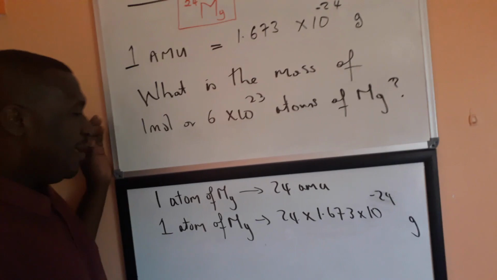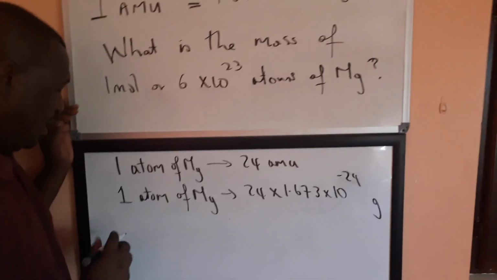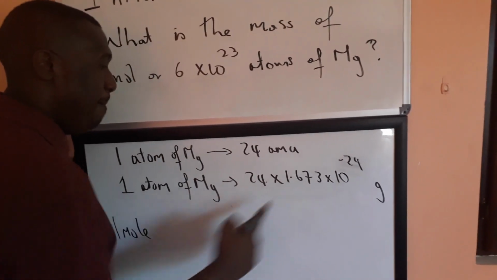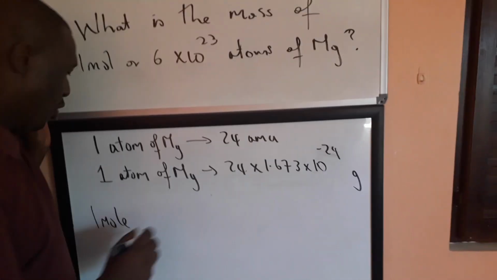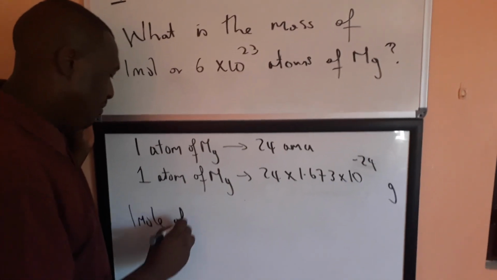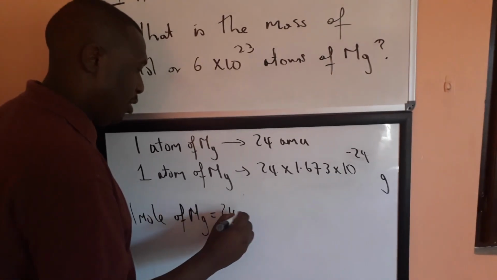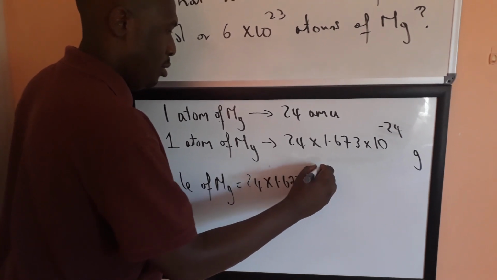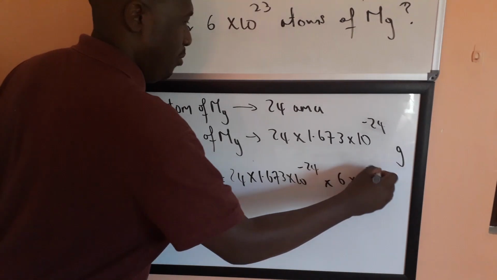But if I want the mass of 1 mole of magnesium, I would have to multiply that number by 1 mole of atoms, that is, Avogadro's number. So 1 mole of Mg is going to weigh 24 times that number times Avogadro's number.